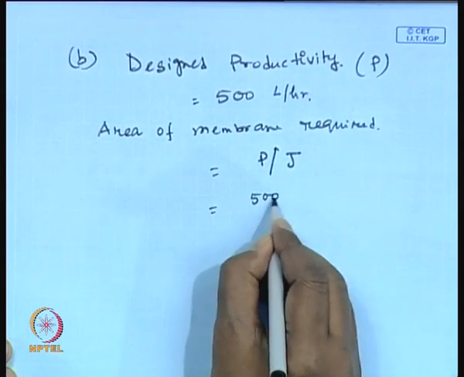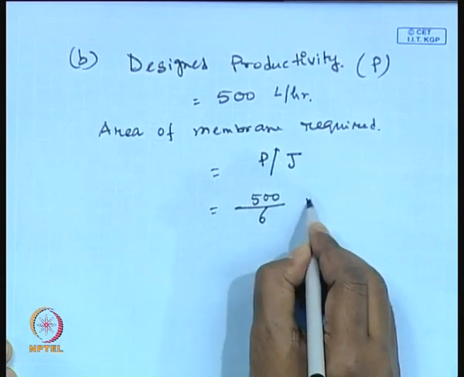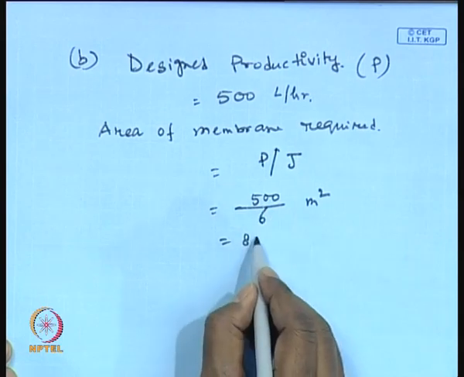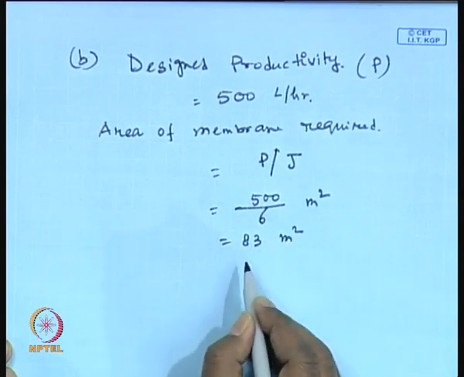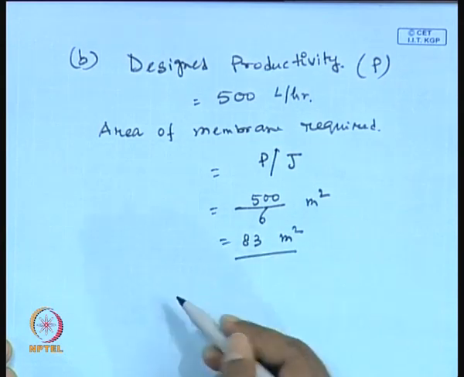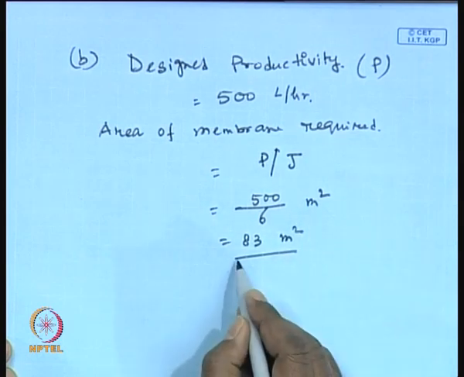So, 500 liter per hour divided by 6 liter per meter square hour, around 83 meter square of membrane area you will be requiring to achieve a productivity of 500 liter per hour. Now, how to achieve 83 meter square?